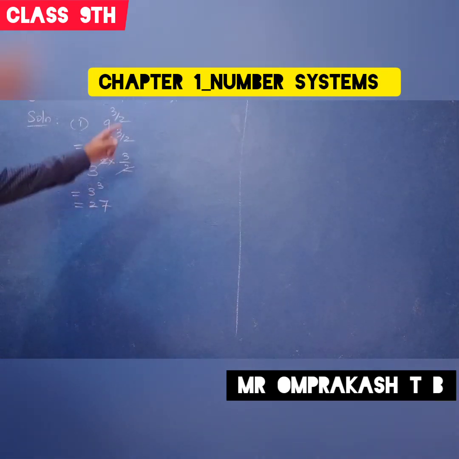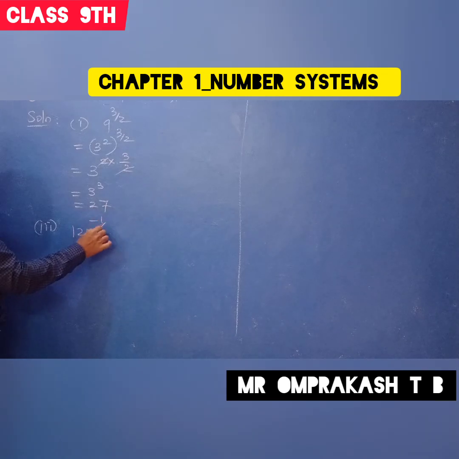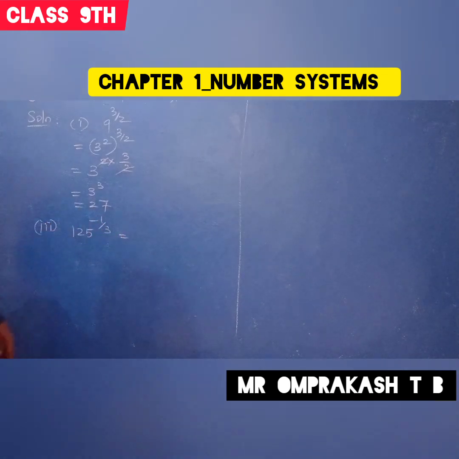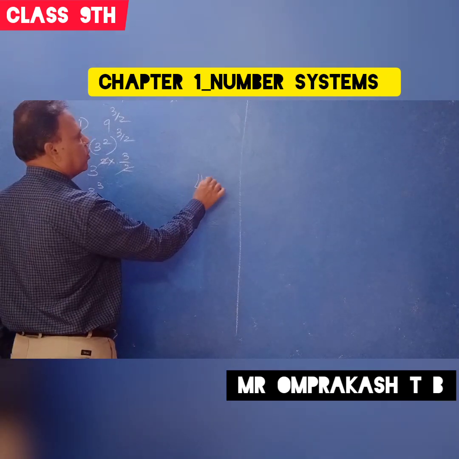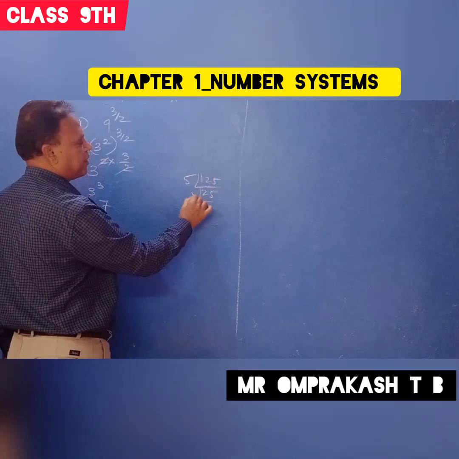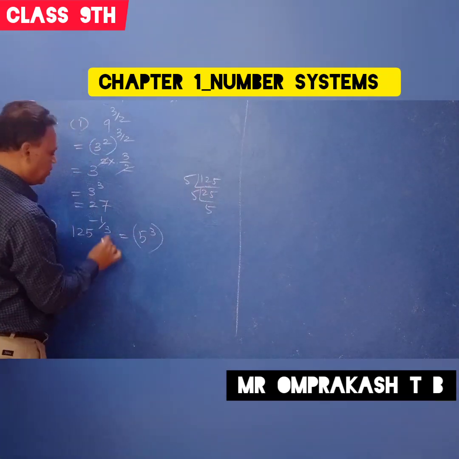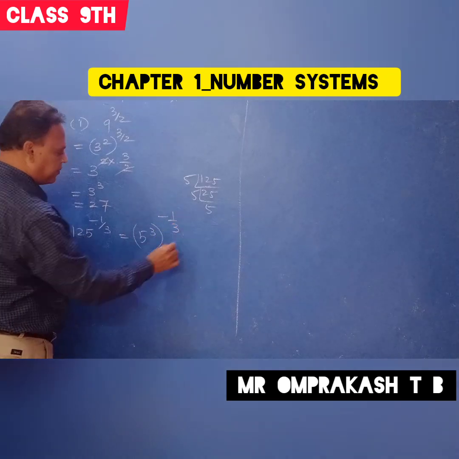Now 125 power. 125 is which number's cube? You don't know, then you just divide and see. 5 table 25. Again 5 table 5. So 5 cube.